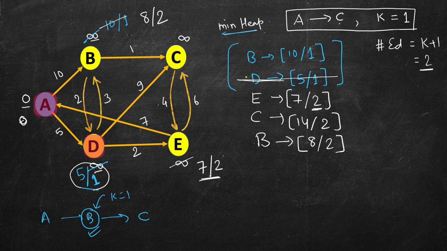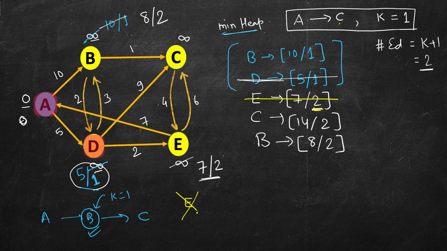Next we pick the minimum from this. Minimum is this 7, that is E. So we look at the neighbors of E. We will compare if it's the destination. It's not the destination. Then we see how many edges there are, 2. So we know that we cannot look at its neighbors because that will add an additional edge.